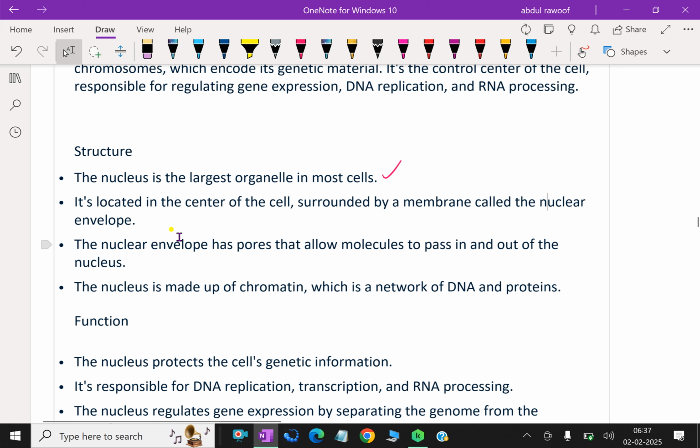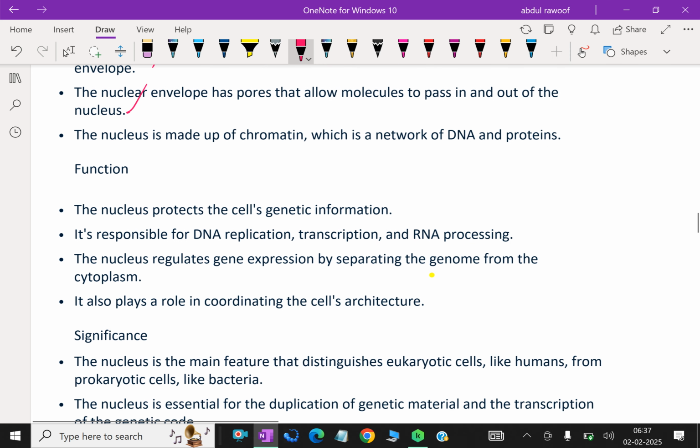It's located in the center of the cell, surrounded by a membrane called the nuclear envelope. The nuclear envelope has pores that allow substances to pass in and out of the nucleus. The nucleus is made up of chromatin, which is a network of DNA and proteins.